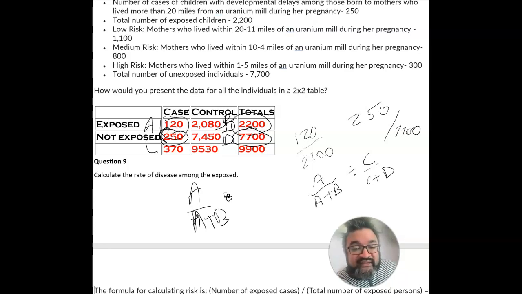Let's flip that and put C plus D in the numerator, and C for the denominator. So what you do is 120 over 2200, and then you flip 7,700 over 250. And when you do so, you get the answer. So this is how you calculate relative risk.